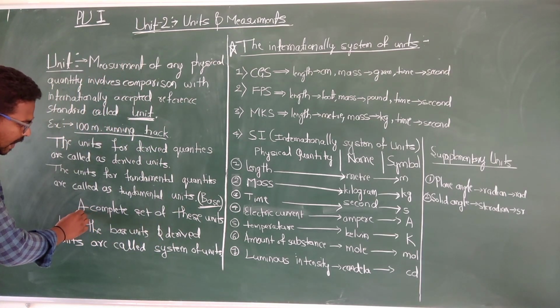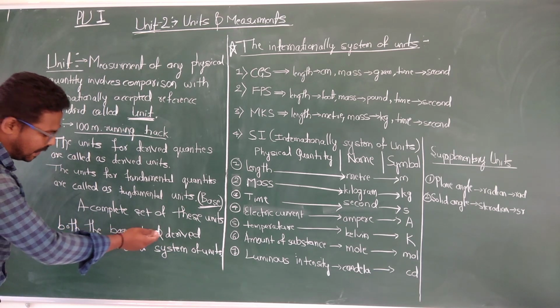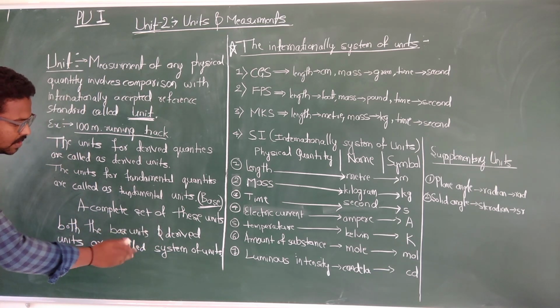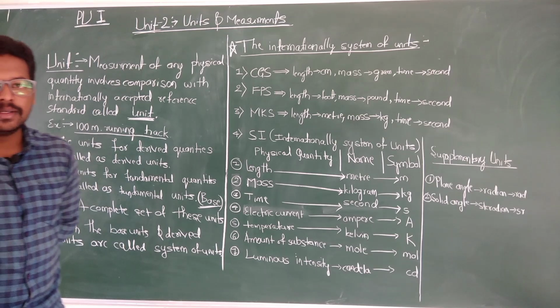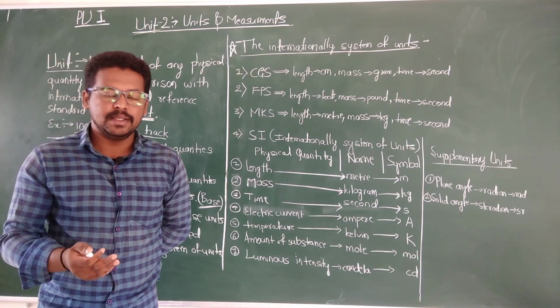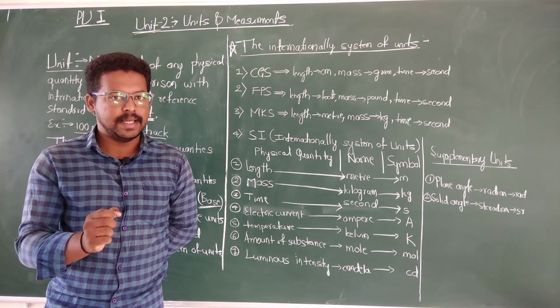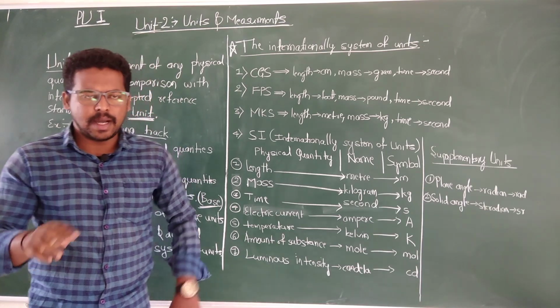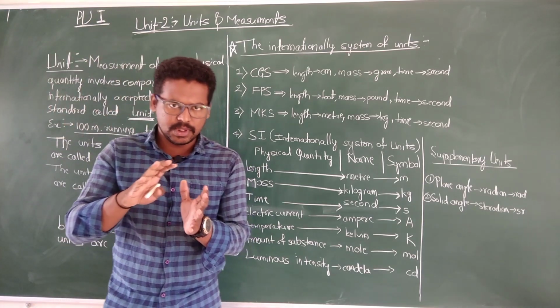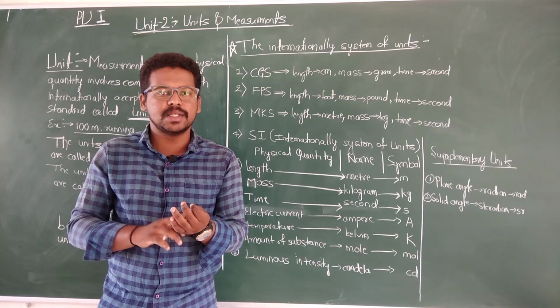Next, a complete set of these units, both the base units and derived units, is called a system of units. Combining both the base units and derived units, we call it a system of units.